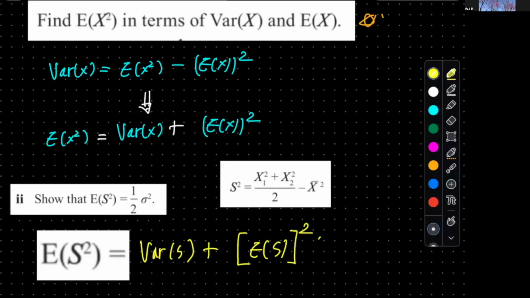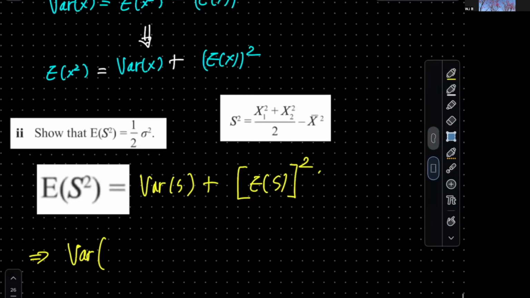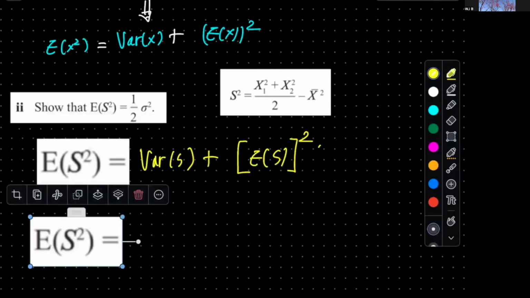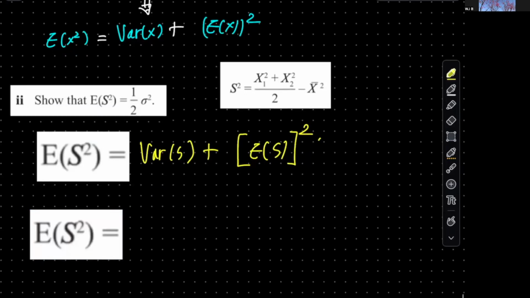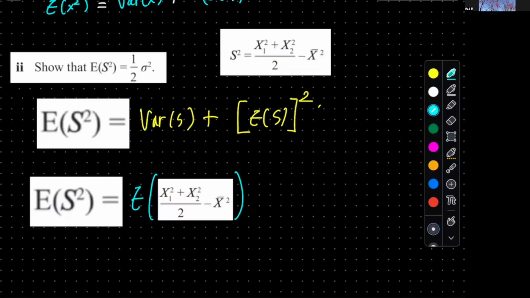And then let's try to simplify. What I have here is variance of the s, where the s was, maybe it's not easy because I don't want to take the square root, sorry. Okay, maybe I would not use that definition yet. Maybe I would just replace the s square right away. My bad. So it's going to be expected value of just that right away. No problem.